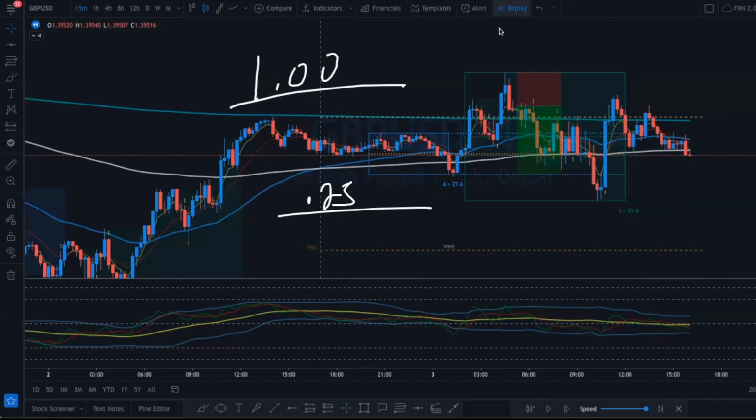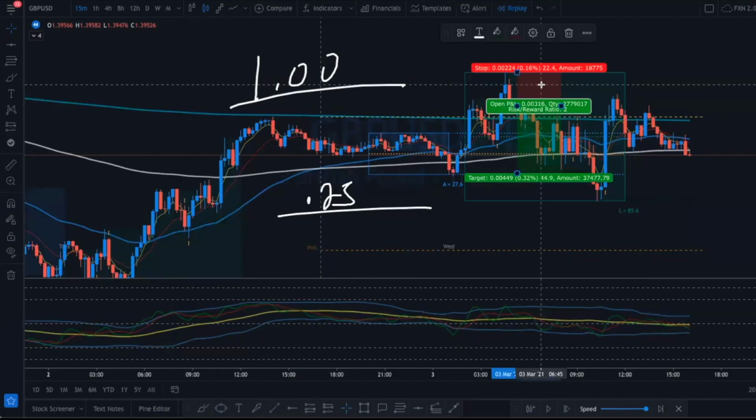Because if this trade is 22 pips, that's about $200 on a standard lot. Now you've lowered it to 0.25, which is like $20? Do you get what I'm saying?